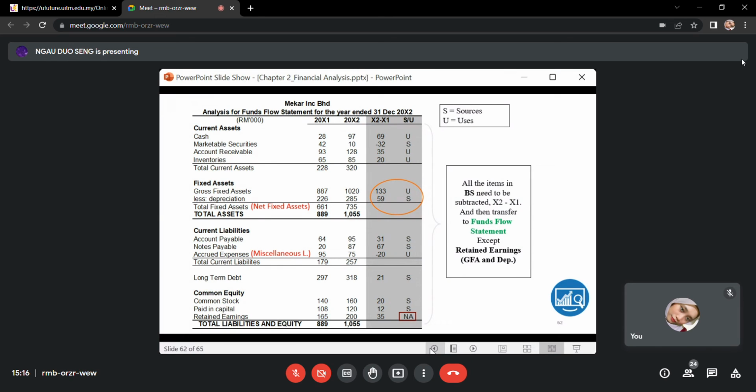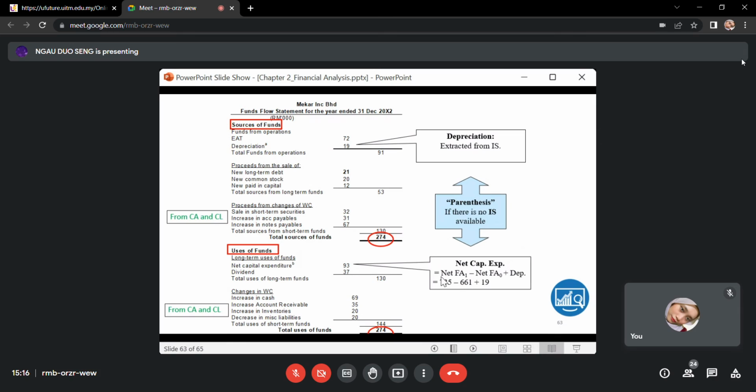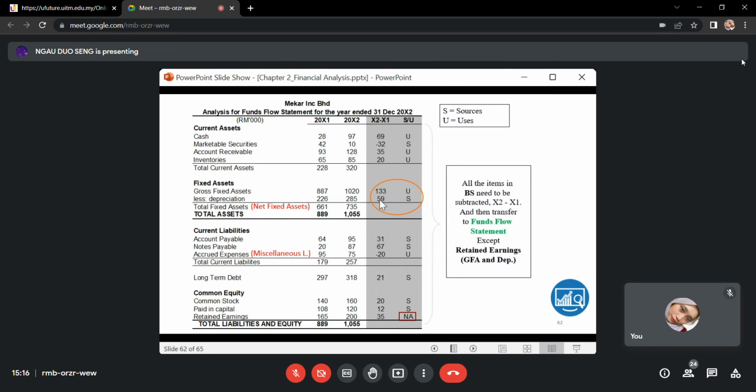Net fixed profit, here. Yeah, this is where you get it. How do we get 93 here? Okay, then plus the depreciation. Right, depreciation.